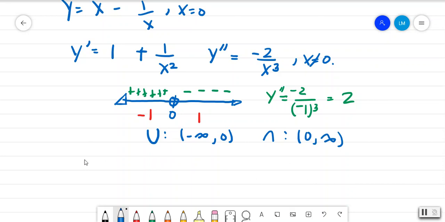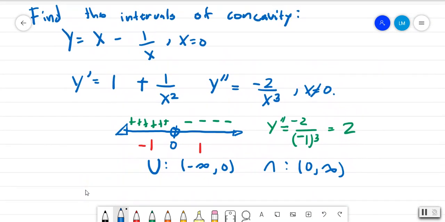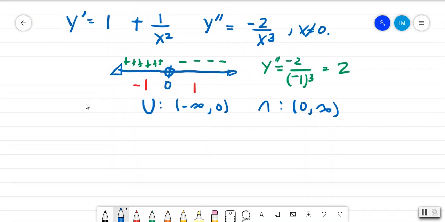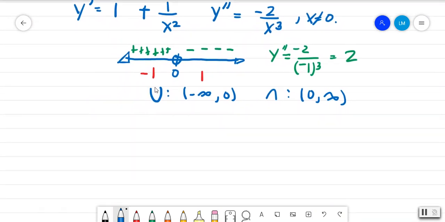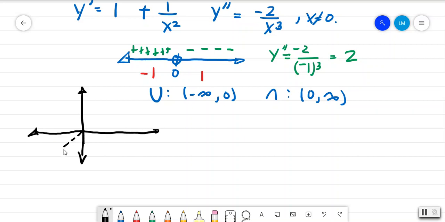And if you want, you can probably just graph this in the x and y plane and see what that looks like in terms of the concavity, because we know, for example, that this graph has an oblique asymptote. We know that based on how it's written.